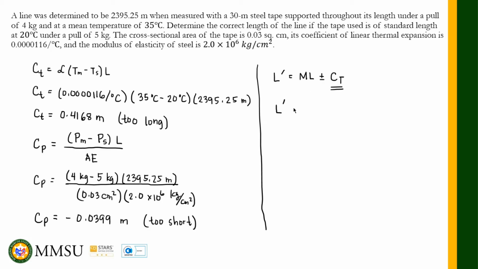So therefore, the correct length is the measured length. That's 2395.25. I-add natin yung too long na error. So that's 0.4168 meters. And subtract natin yung 0.0399 meters. Okay? So the correct length, therefore, using our calculator again.